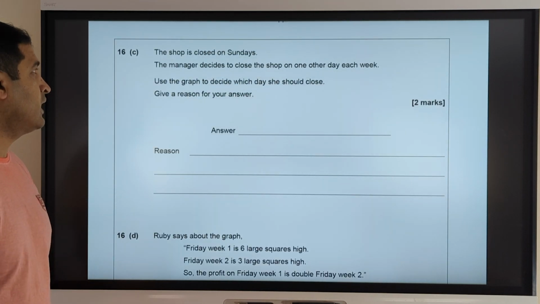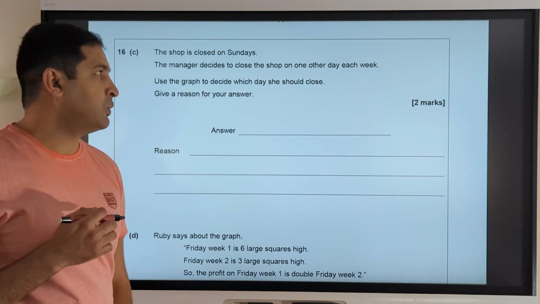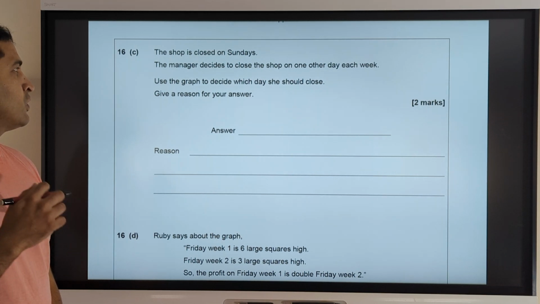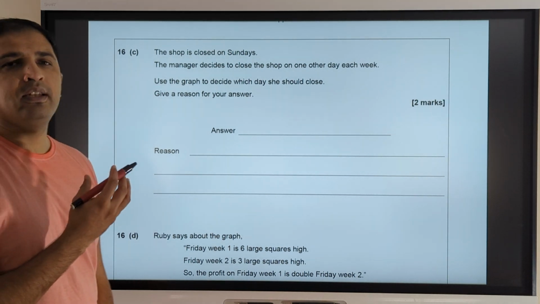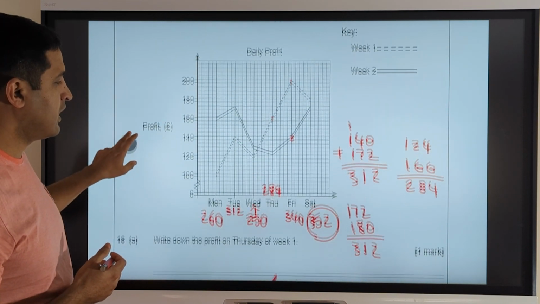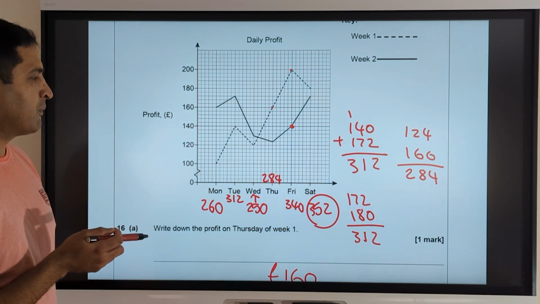The shop is closed on Sunday. The manager decided to close the shop on one other day each week. Use the graph to decide which day she should close and give a reason. So you can't just say any day. You need to give a reason. So we already got the answer to that here. Which day does the shop make the least amount of profit?